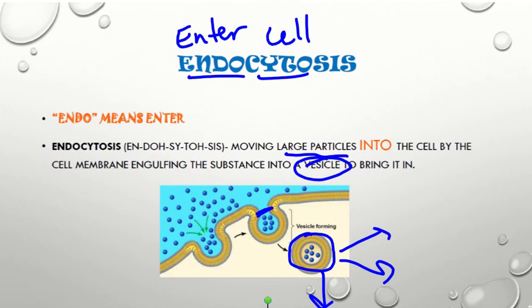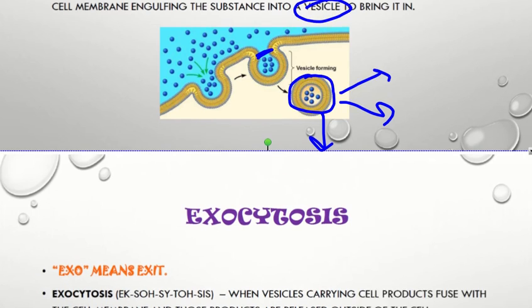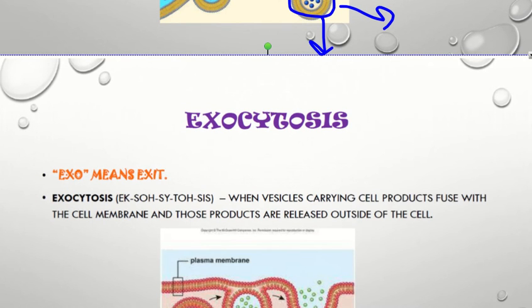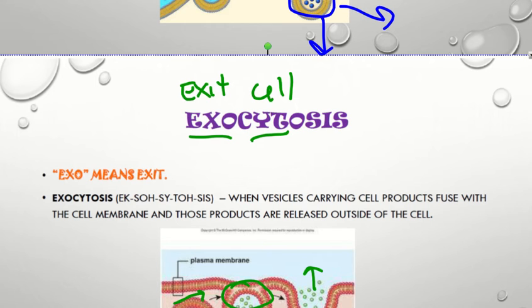On the other hand, when we talked about our endomembrane system, we talked about basically exocytosis, but we just didn't name it that. So exo means exit, cyto means cell, so we are leaving the cell. So when that transport vesicle is fusing with the cell membrane, it deposits those molecules outside of the cell.